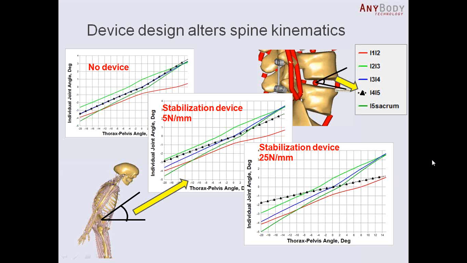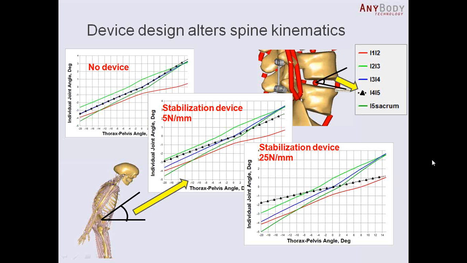Starting with the graph on the top left, we can see that when there's no hardware present in the spine, the L4, L5 kinematics track closely with the other levels, and the total trunk flexion seems to be more or less uniformly distributed among all of those lumbar levels.